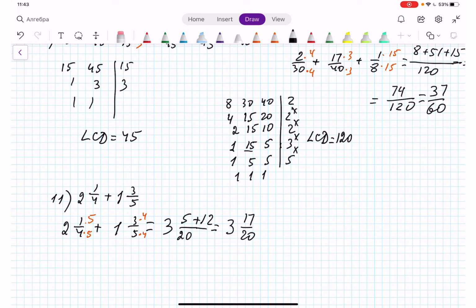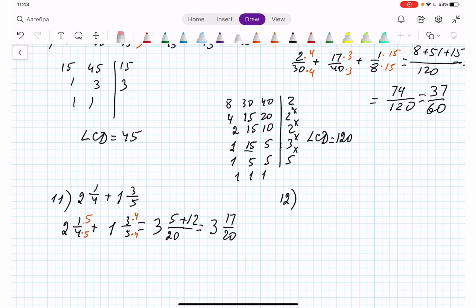Next one. Number 12. What do we have? 7 over 30 plus 1 over 45. Okay, we have here an interesting case, 30 and 45. So I'm going to break down into a least common denominator.